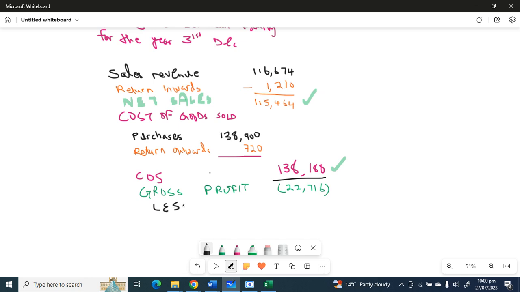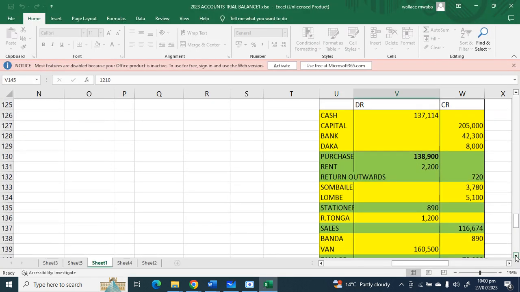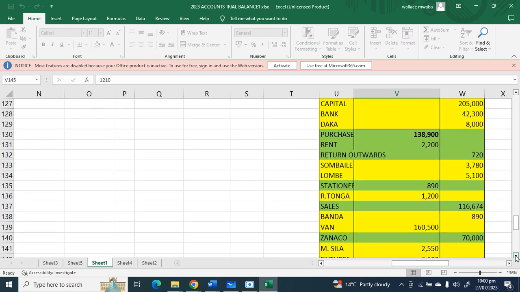So we're going to say less expenses. So here you just list down all the expenses. Let's see what expenses do we have here. Purchases has already been dealt with, so do not put it back, or you'll be committing an error.